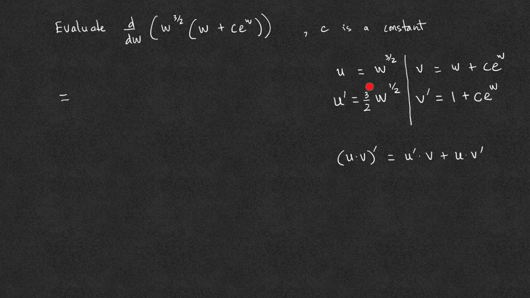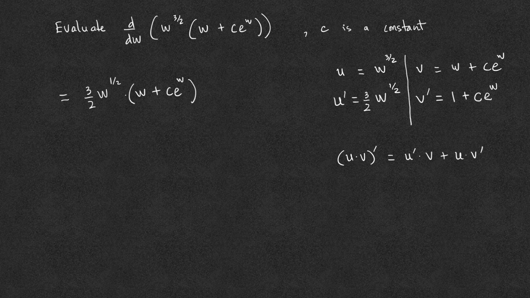Writing the answer, the derivative of the product is u prime times v plus u v prime, where we found u already, and v, and u prime and v prime. u prime is 3/2 w to the 1/2 power times v. v is w plus c e raised to the w power, but every time we multiply an expression that has more than one term, make sure to put parentheses around it.